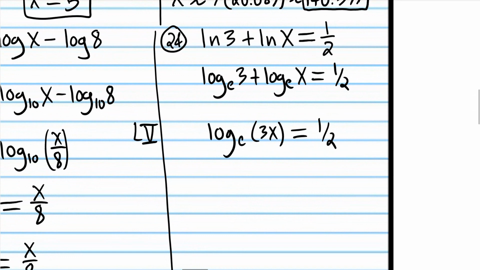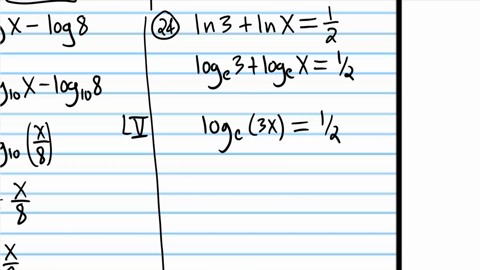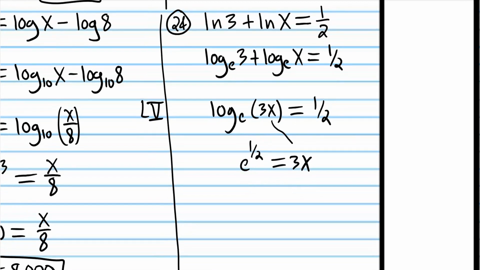Well, now we're stuck unless we know how to translate from a logarithmic equation to an exponential equation. The base is always that subscript there. The exponent is always what the logarithm is equal to, and whatever is inside the log function goes there. Well, now we're going to use exponent rule 9 to figure out what 1/2 power means.